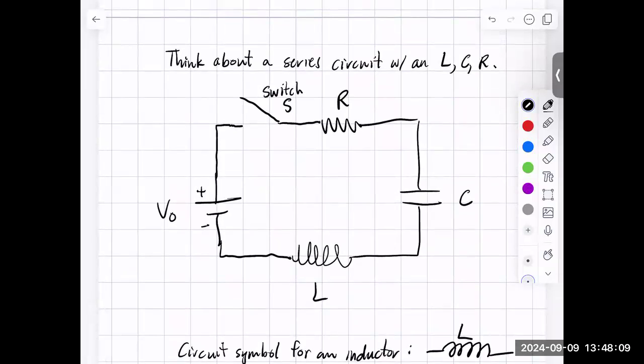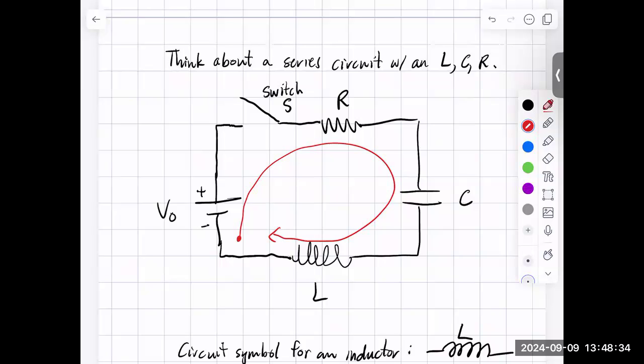If we want to analyze this, we would just do a Kirchhoff voltage loop rule. And so we would start in this bottom left corner, and we just go around and keep track of all the changes in voltage. So the first thing we're going to do is cross our battery, and it provides a constant voltage. So we just gain the voltage of the battery V naught.